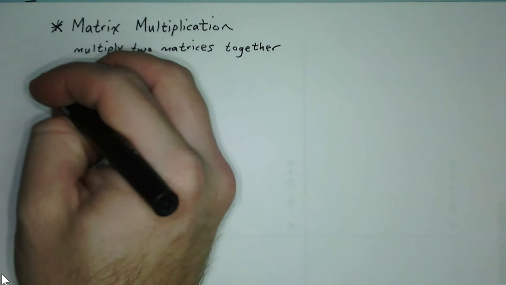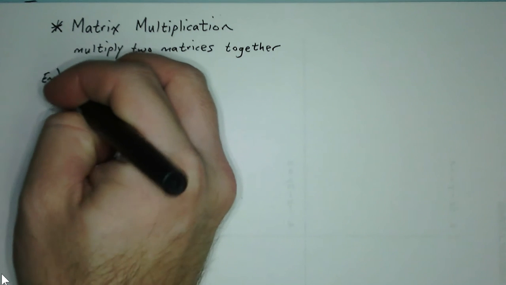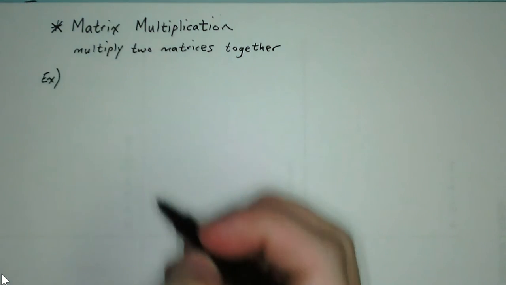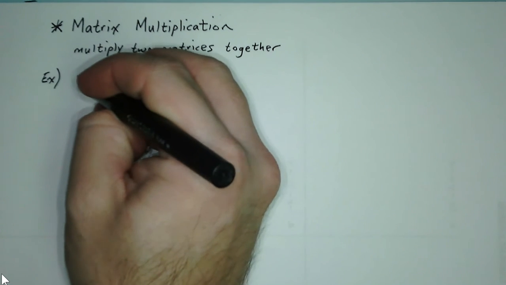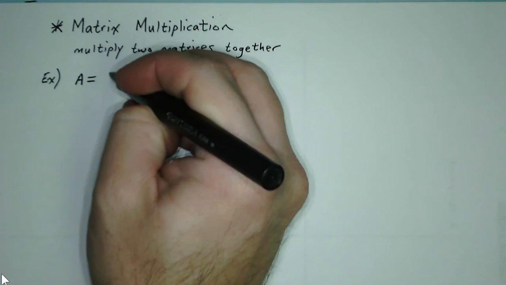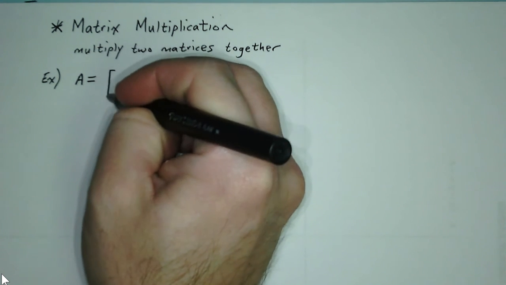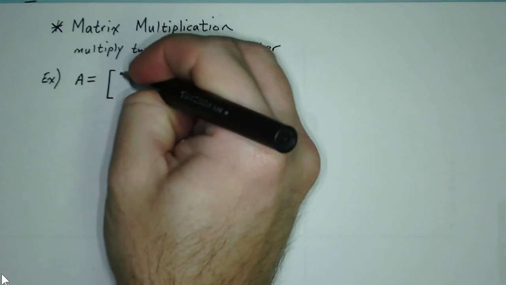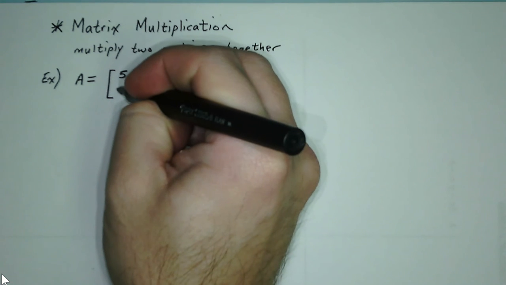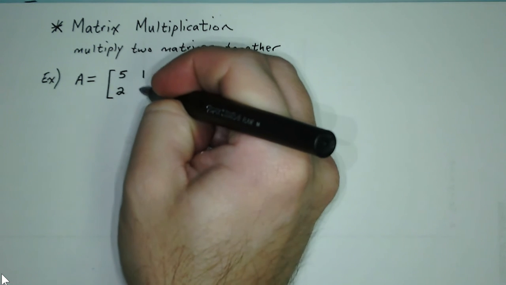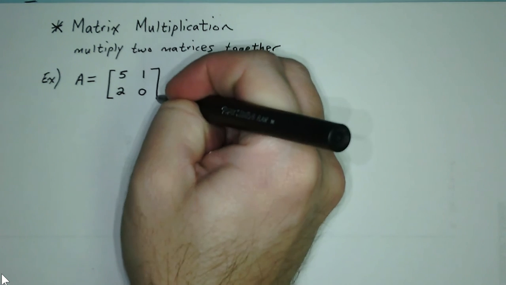Okay, so let's do an example. Hope I actually explained this properly. So let's say we have matrix A, and let's start really simple. Let's have 5, and then 1, and then 2, and then 0.